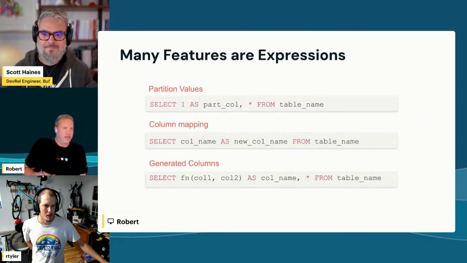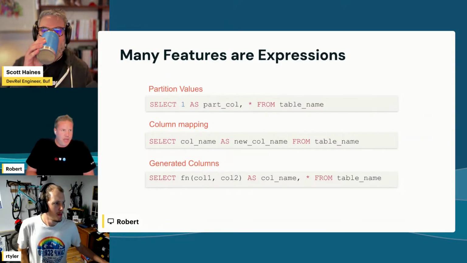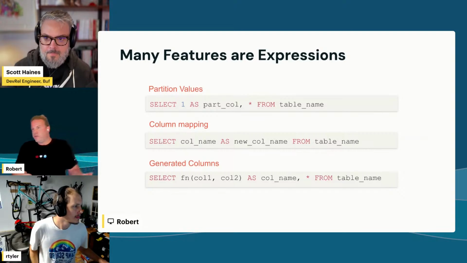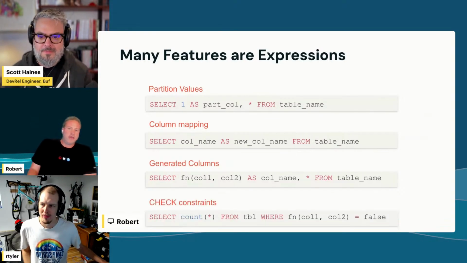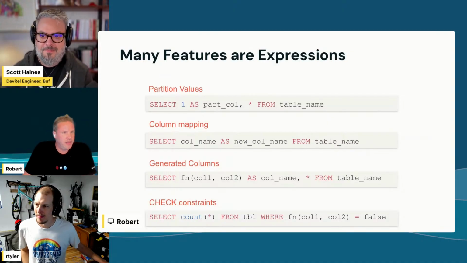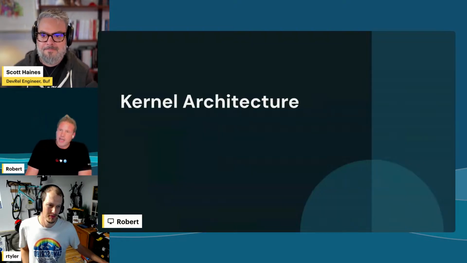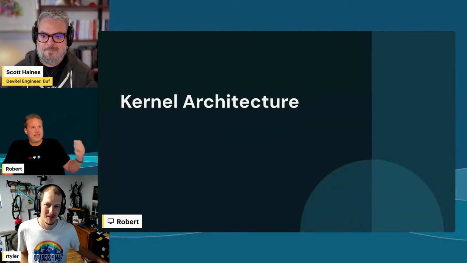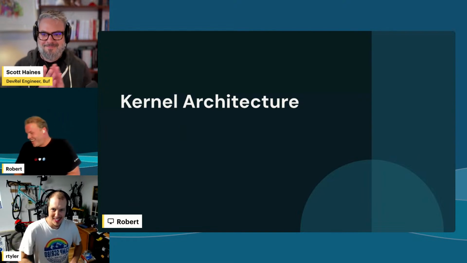Generated columns are another feature, but it's nothing else than applying some function to some columns from the table and giving that thing a name. Check constraints, again, just move your expression into the where condition and enforce that it's Boolean, which is then called a predicate, right? So building on this there is a kernel architecture.